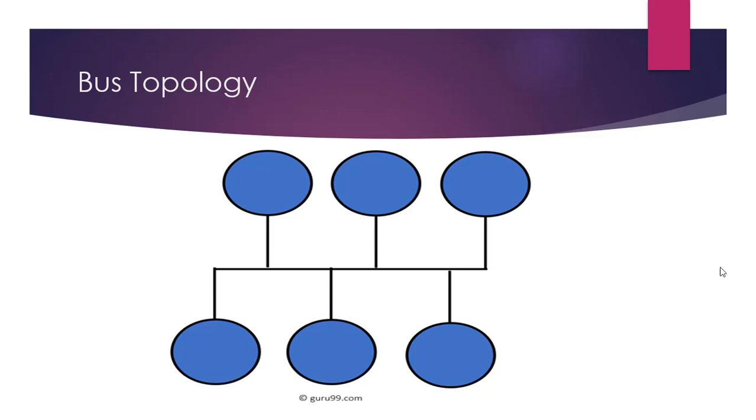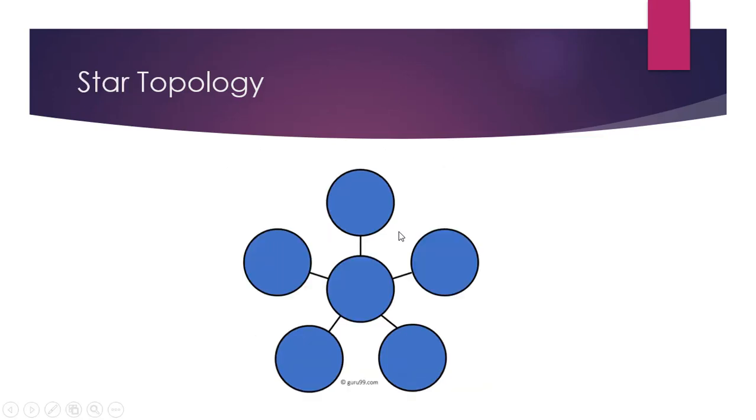Okay, now let's move to our next topology, which is more popular than the bus topology and in most cases is implemented in almost all networks. As you can see, we have a central network device, a switch or a hub, and to this device many workstations or other communicating devices can be attached.